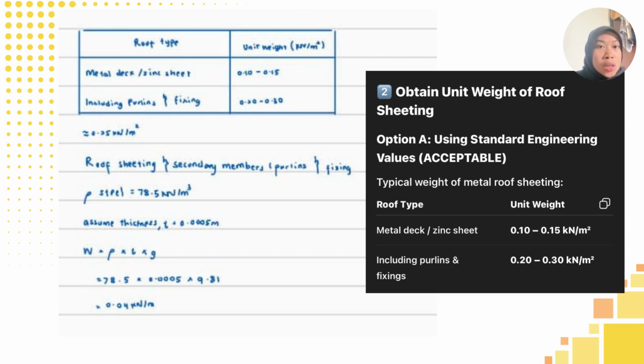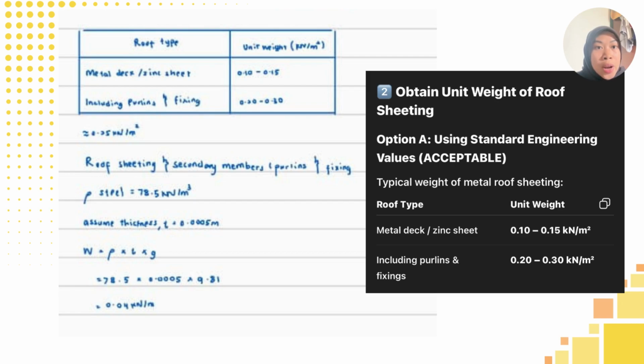For the density of steel, I got 78.5 kilonewton per meter cube from Google, which is the assumption and the normal density of steel, and I assume the thickness as 0.005 meter.